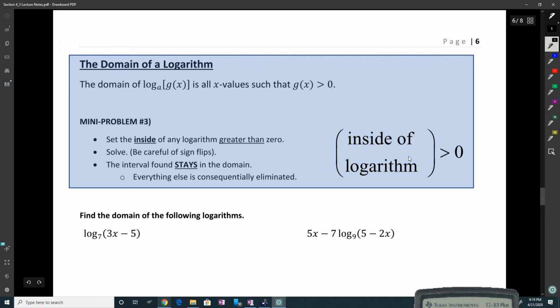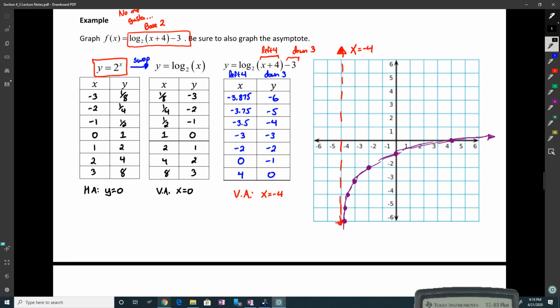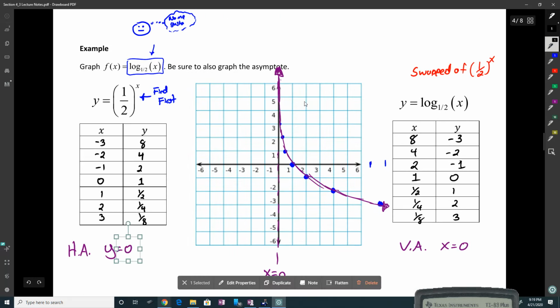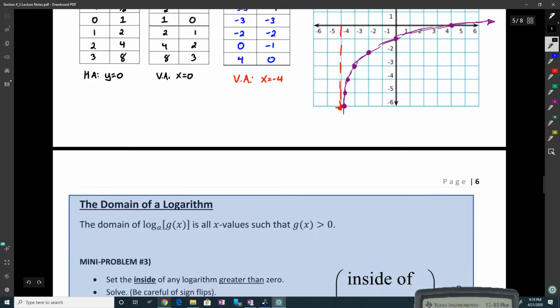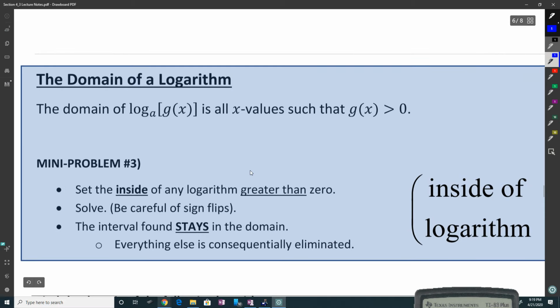All right, the domain of a log. If you look at the previous problem, everything to the right of -4 exists, but nothing exists to the left of -4. If I look at the graph over here, nothing exists to the left of 0. So whenever you're dealing with a domain, by default, you have the log base a of the inside. Let me use a darker color. Okay?